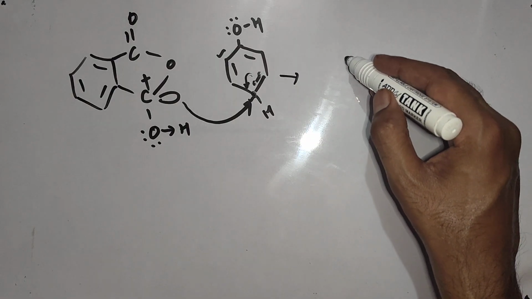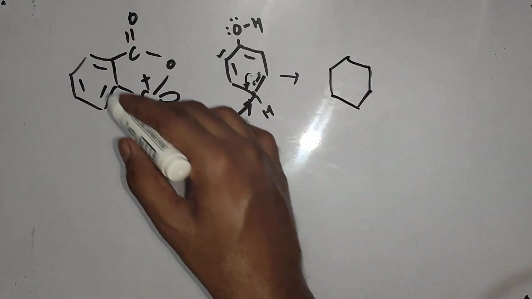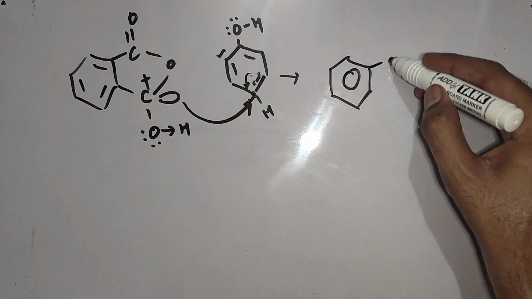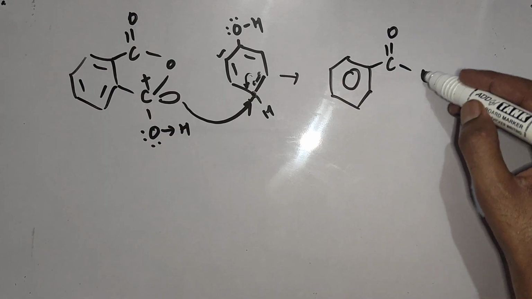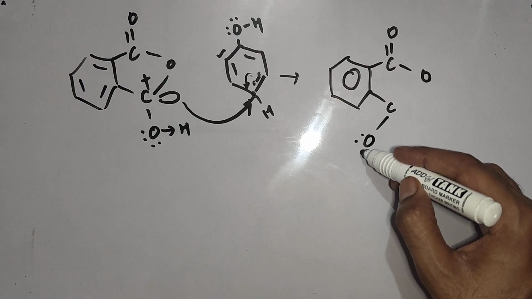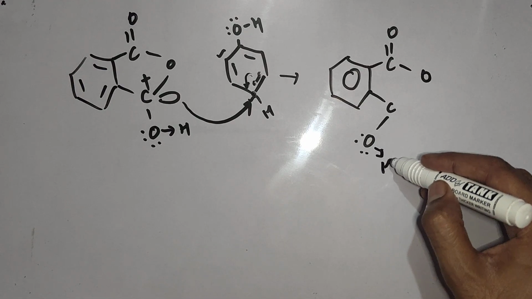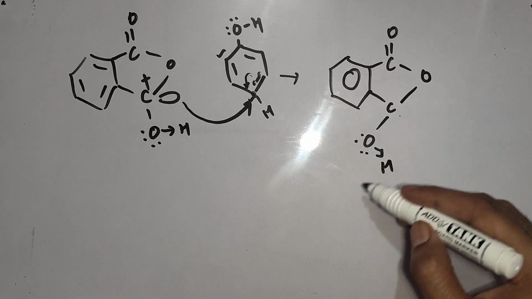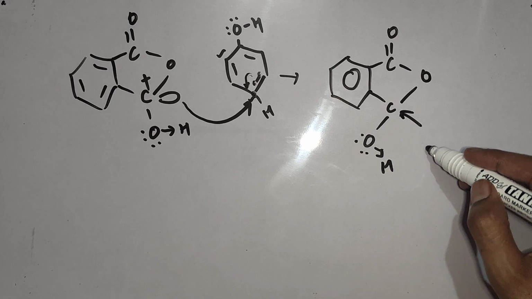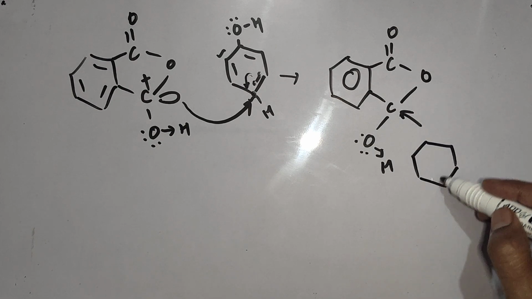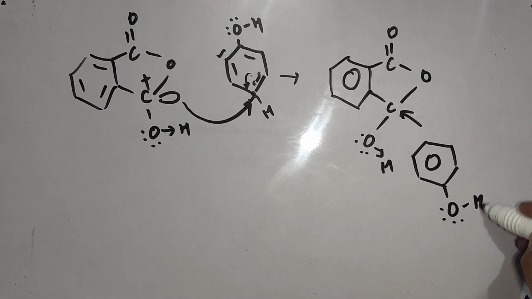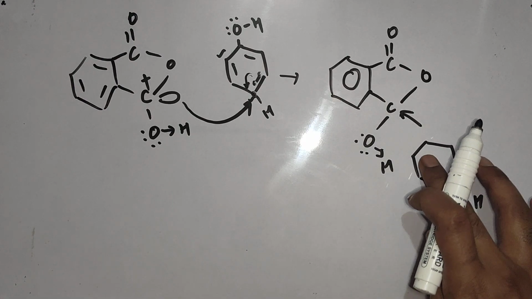So the next condition generated will be this. Okay, this benzene ring I am making like this, connected with OH, and the fourth bond, the dative bond, it is going to make with the para position of phenol.